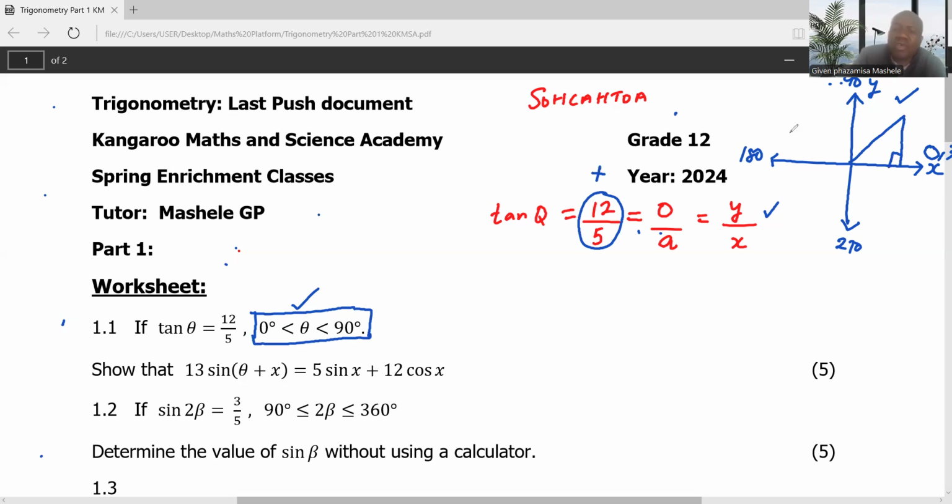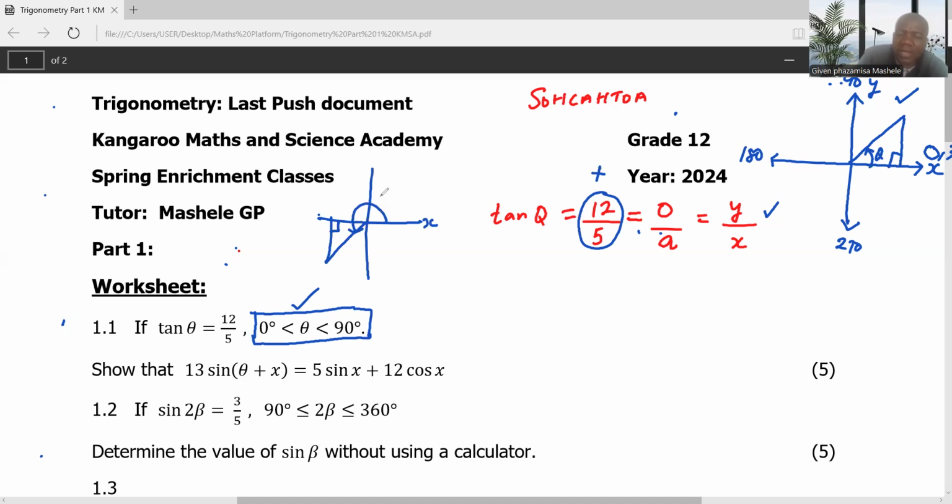So how do we represent this angle theta? Always we construct the angle from the x-axis up until it touches the hypotenuse. So this is our theta. If we were constructing in the fourth quadrant, how would we represent the angle? Always from the positive x-axis up until it touches the hypotenuse.